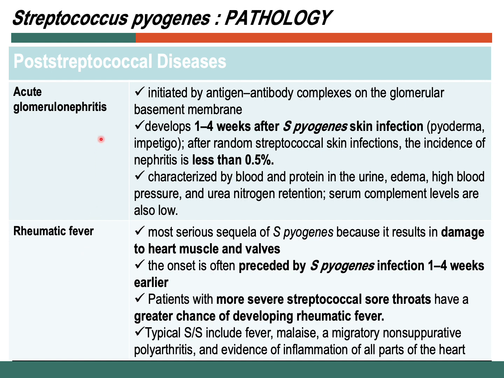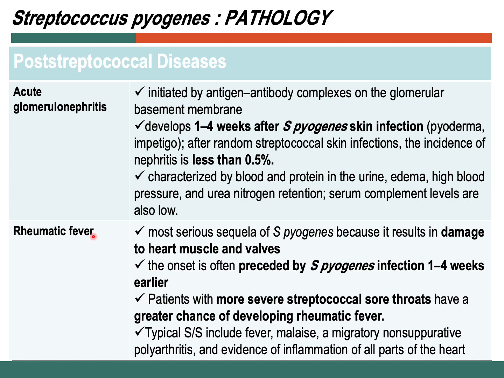Acute glomerulonephritis and rheumatic fever are characterized by antigen and antibody mediated reactions, because your kidney, particularly your glomeruli, has M protein, as well as your heart has M protein. So the organisms possess M protein. If you have a history of pharyngitis or skin infection, your body will develop antibodies as part of the immune response.